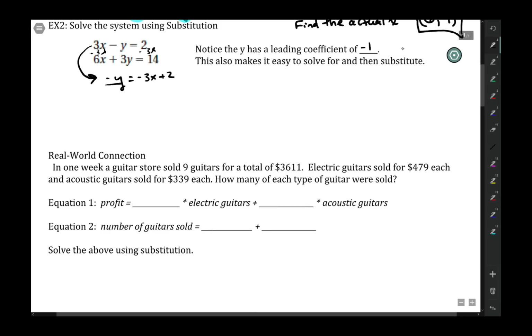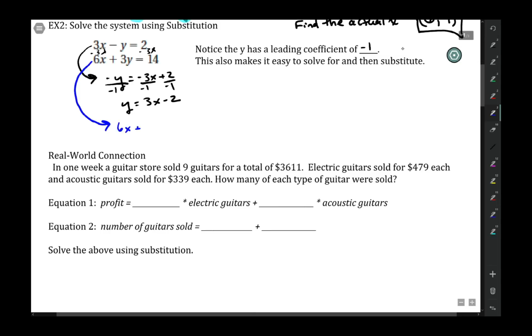You just need to divide by -1 in order to make it a positive y. Now be careful. y then is 3x minus 2.